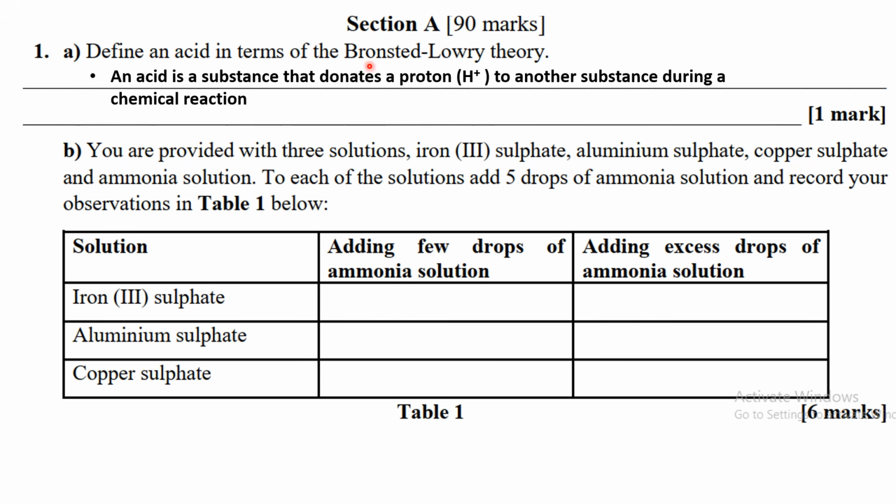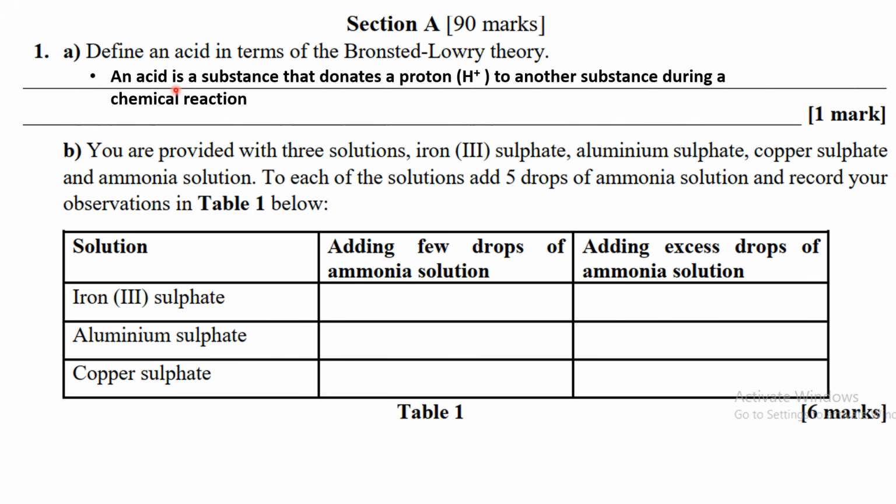It's asking for the Bronsted-Lowry theory. It says the definition of an acid is a substance that can donate. To donate means to give. For example, if someone is giving you 1,000 kwacha, it means that person is donating 1,000 kwacha to you. But here we are looking at an acid.